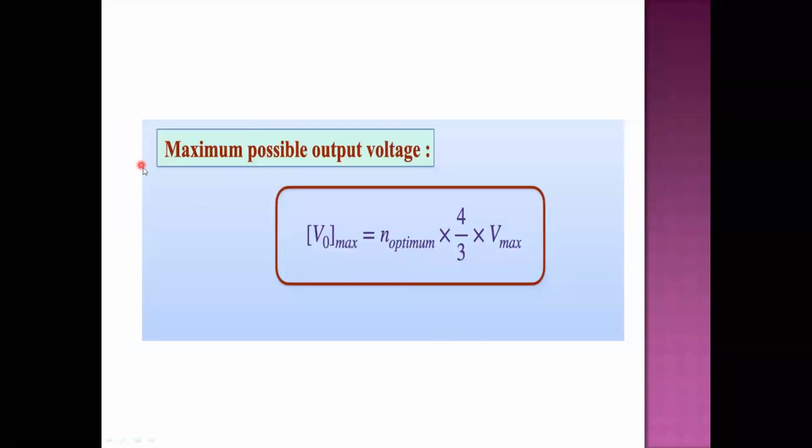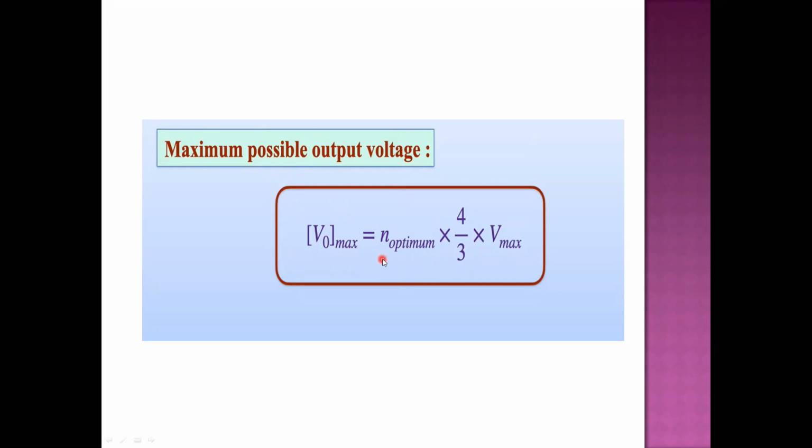And next, maximum possible output voltage. V naught maximum is equal to N optimum into 4 by 3 into V maximum. This is called the maximum possible output voltage. Then only we are getting maximum output voltage, otherwise less output voltage.